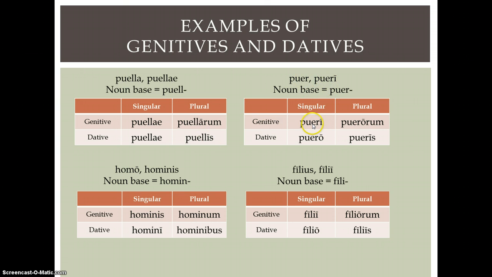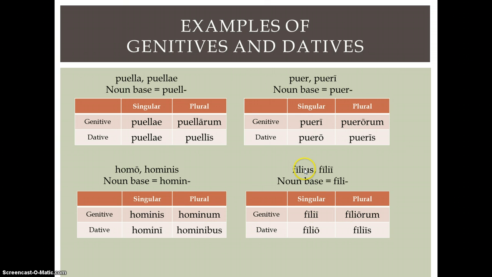Puer, pueri, we get pueri, puero, puerorum, pueris. For our third declension noun, homo, hominis, genitive is hominis, dative homini, plural genitive hominum, dative hominibus.